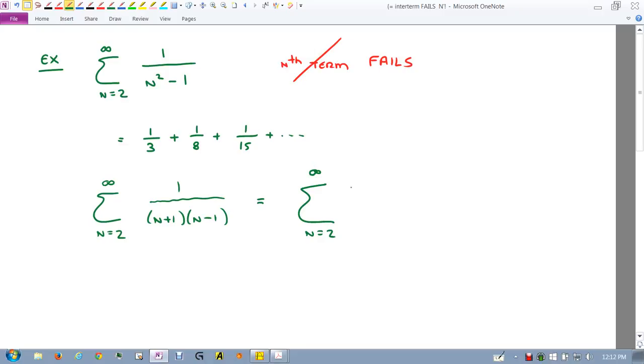It's -1/2 over n plus 1 plus 1/2 over n minus 1. Okay, so that's what you would get if you took the time to do partial fractions on it. All right?